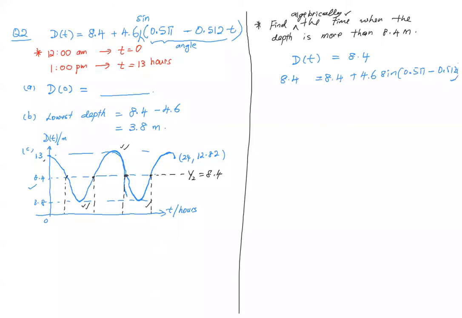You get me? So here is 8.4, 8.4. So your 4.6 sin of this angle equals 0, correct? 4.6 cannot be 0.